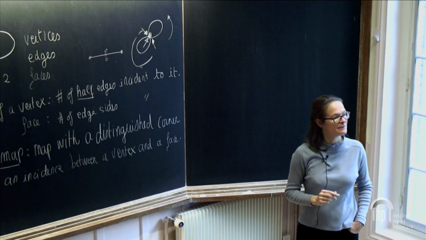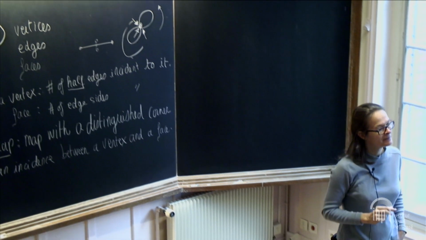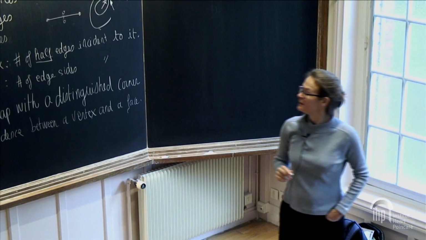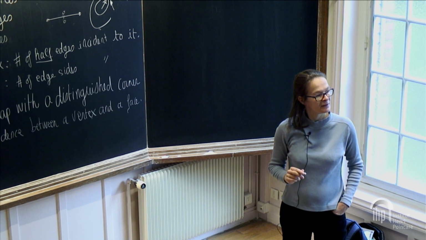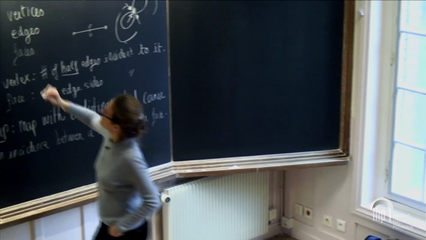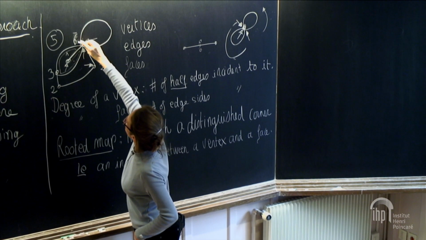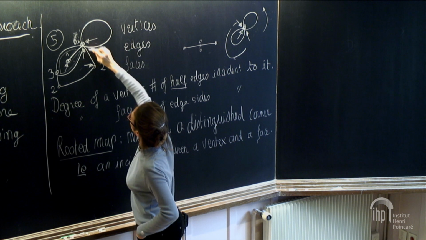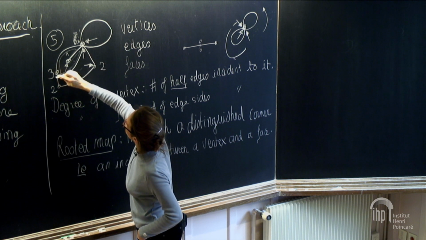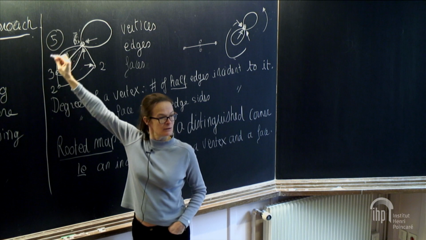Yeah? Can you clarify the degree of the outer face in the previous example? Don't you count this half edge twice to become 6? So say I start from here, and I walk around the face. That's one step, 2, 3, 4, 5.